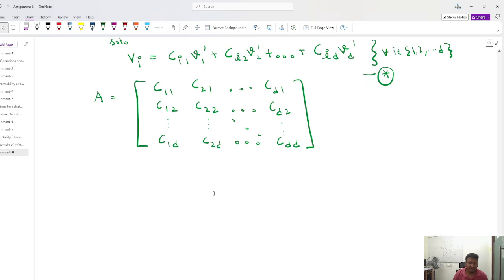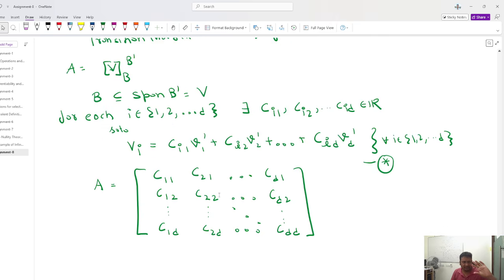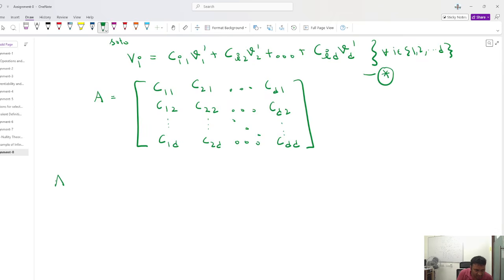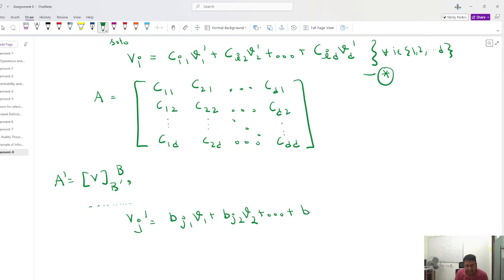Yeah. So this is your A matrix. Now let us look for the matrix from B prime to B. So let us call A prime to be the matrix from B prime to B. So now the B prime vector you will express like that. Similarly, in the same language, V J prime can be written as B J1 V1 plus B J2 V2 plus dot dot dot plus B JD VD.